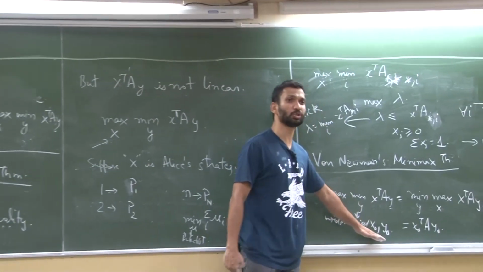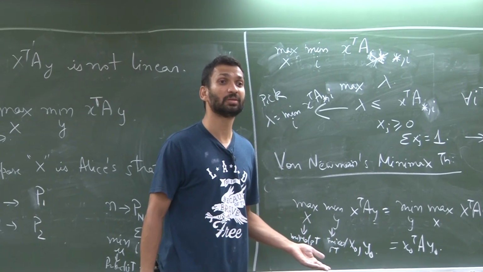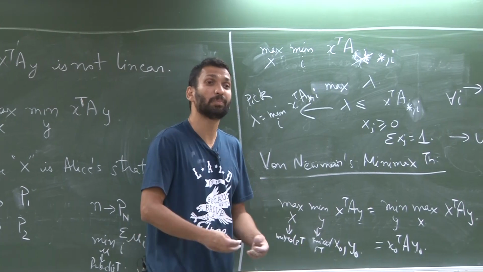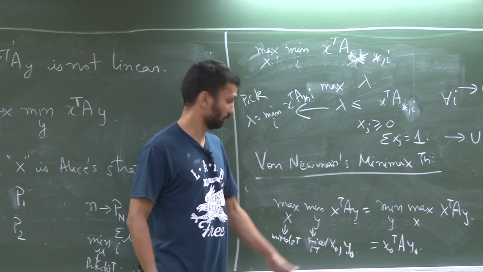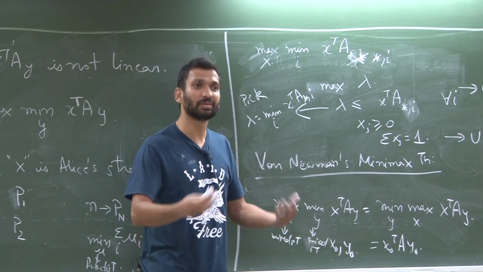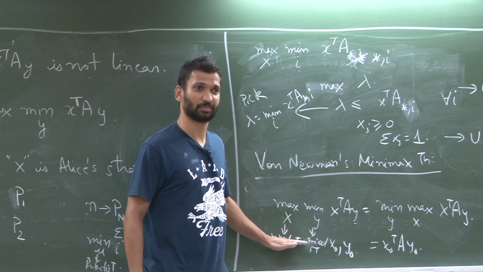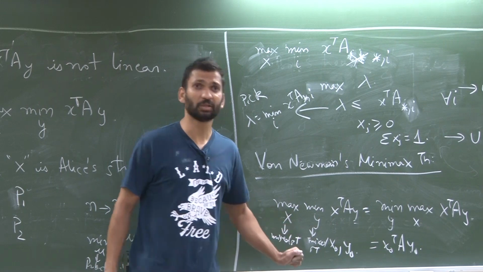The optimal solutions give us the Nash equilibrium. So this also tells us how to compute Nash equilibrium. Because this is a linear program, we can apply our solution methods to this. Okay? Thank you.